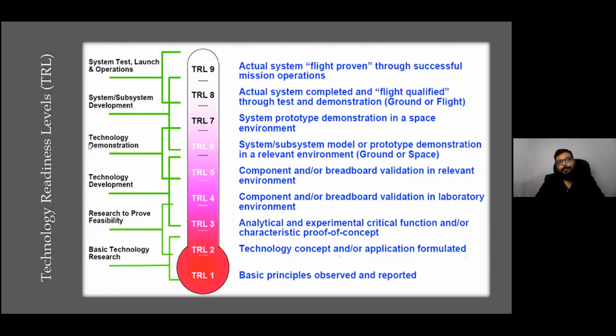TRL 6 to TRL 7 is technology demonstration, and TRL 8 is subsequent development. Okay, and as I told you, whenever bugs come, those bugs need to be resolved. That is under TRL 8. And launching the operation and successfully using it, that is basically TRL 9.